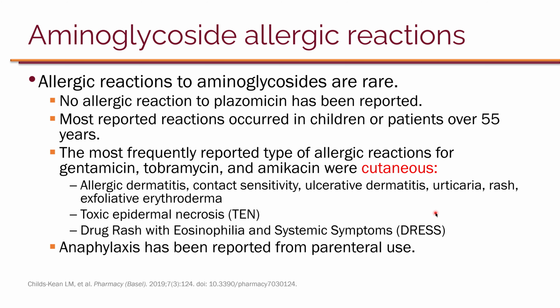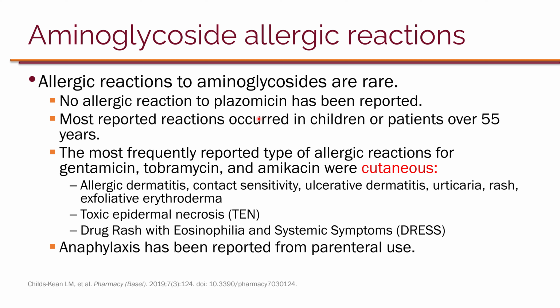Now let's take a look at aminoglycoside allergic reactions. In general, allergic reactions to aminoglycosides are extremely rare. In fact, no allergic reactions to plazomicin, which is the newest aminoglycoside that came to the market in 2018, have been reported. Most reported reactions occurred in children or patients over 55 years of age, so most patients will not have any allergic reactions to aminoglycosides.